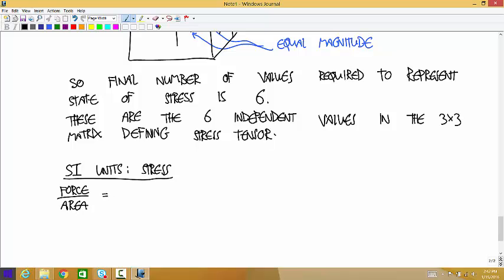And so in SI units, that's Newtons per meter squared, which is pascals. The stress values that we're going to get in engineering applications are so big that a lot of times people use megapascals or even gigapascals. But these are the SI units.